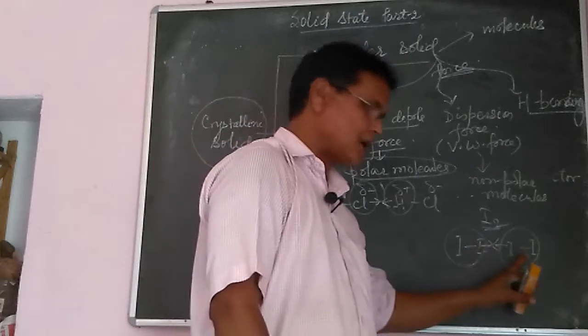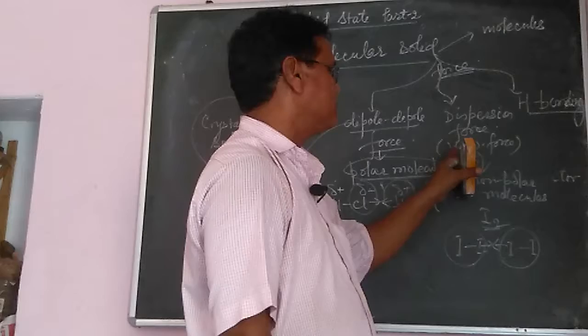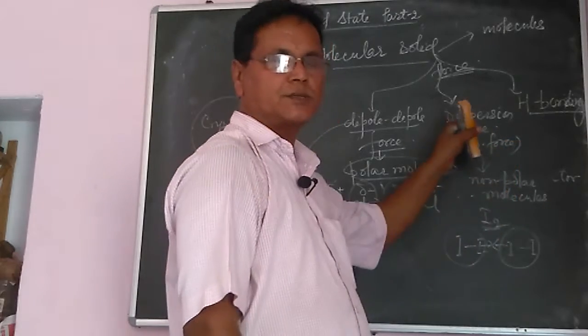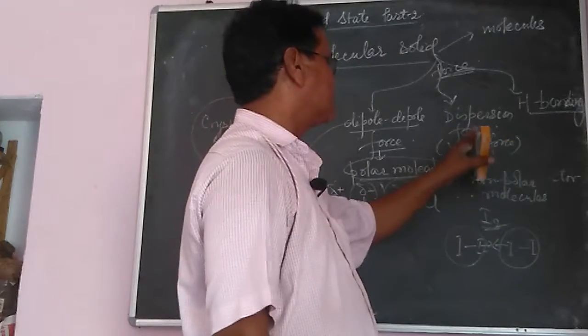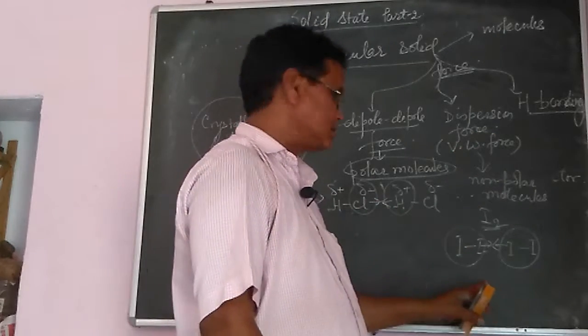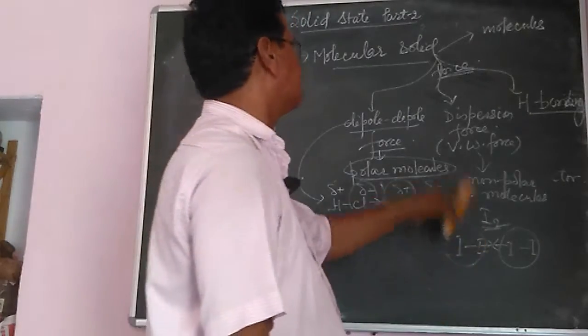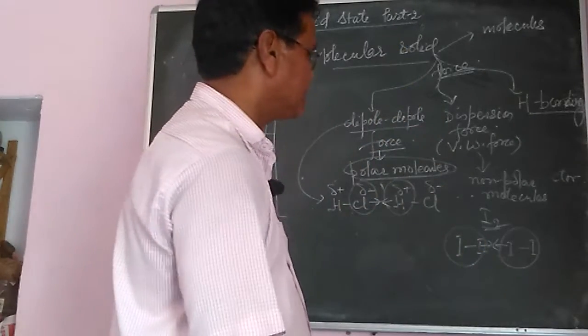These iodines are non-polar, and the force that exists between them is the van der Waals force, that is dispersion force. It causes this iodine to become solid, and that solid is also called molecular solid.